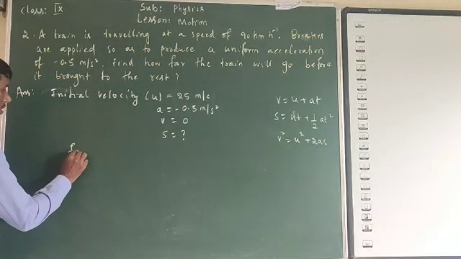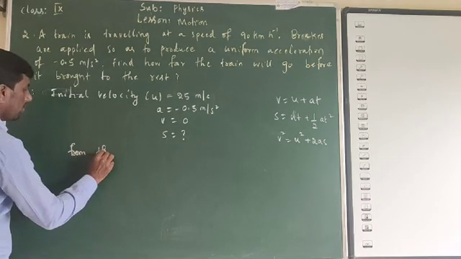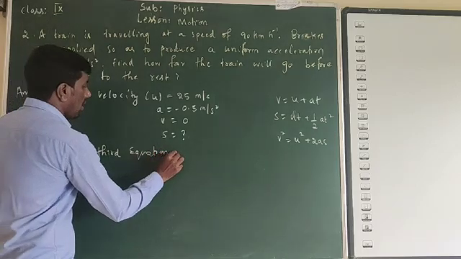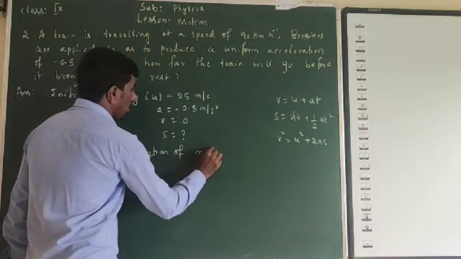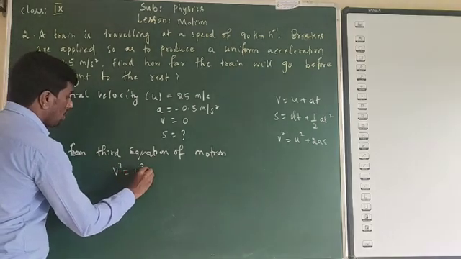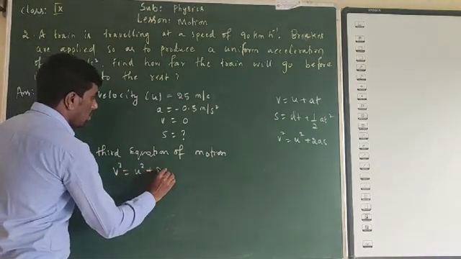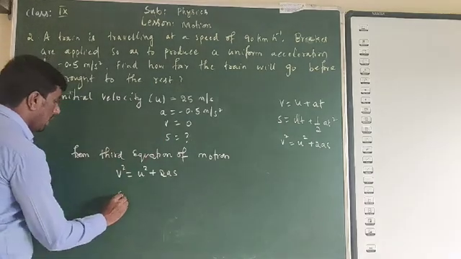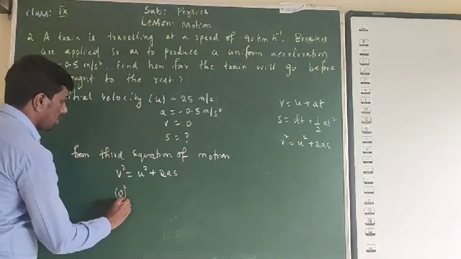Okay. So from the third equation of motion, we have v² = u² + 2as. Here v = 0, and 0 square is 0 only.